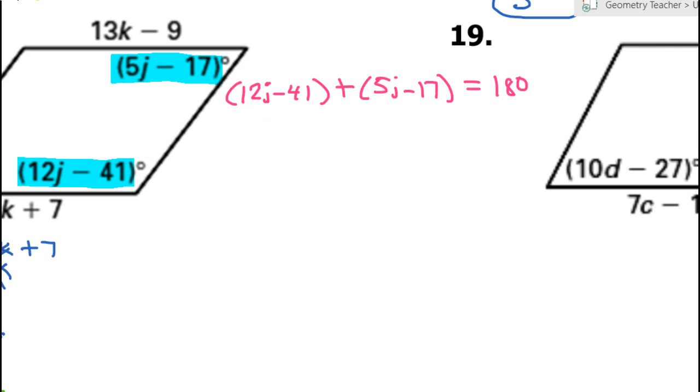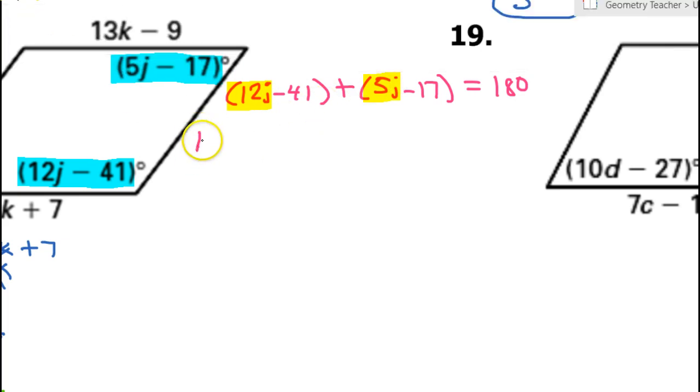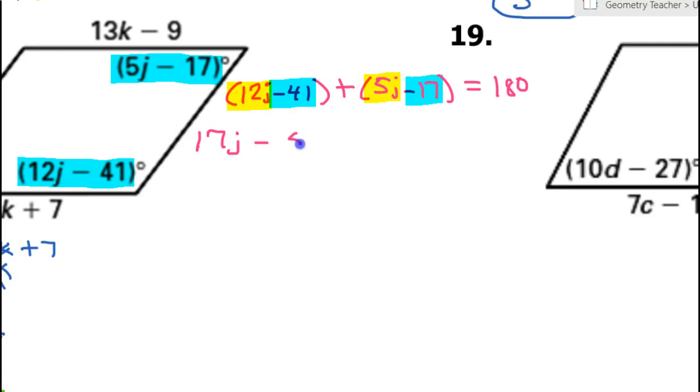So now, combining my like terms, I'm going to combine my 12j and my 5j. That's going to make 17j. And then I'm going to combine my negative 41 and my negative 17. So that's going to be negative 58. And that is all equal to 180. So then I would add 58 to both sides.